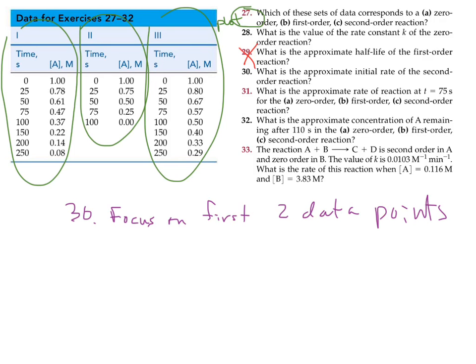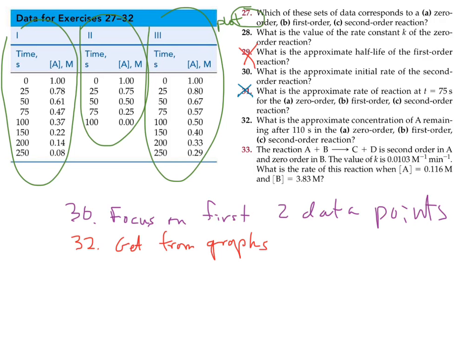All right, 32, what is the approximate concentration remaining after 110 seconds? I think you should be able to do this one. I like number 32. For 32, my hint is: get it from the graphs.